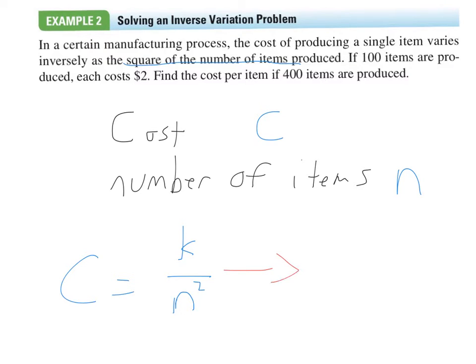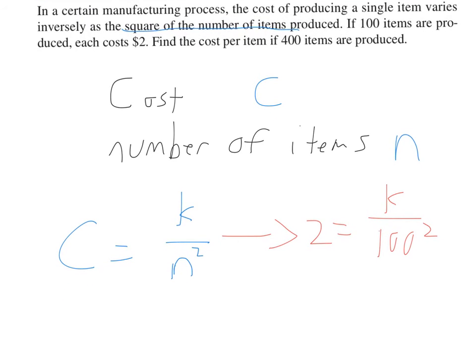So, if we plug everything in, it says if 100 items are produced, each costs $2. So 2 is equal to k over 100 squared. So this means that 100 squared would be 10,000, because 100 times 100.